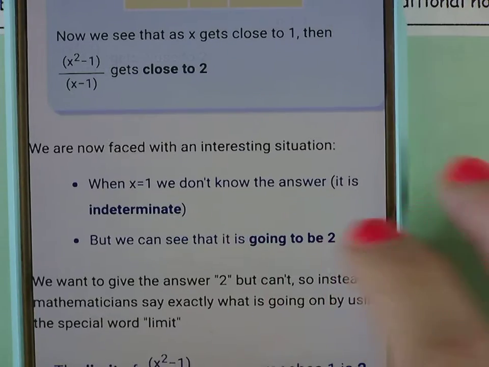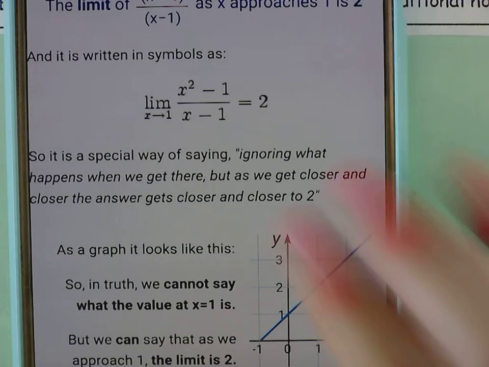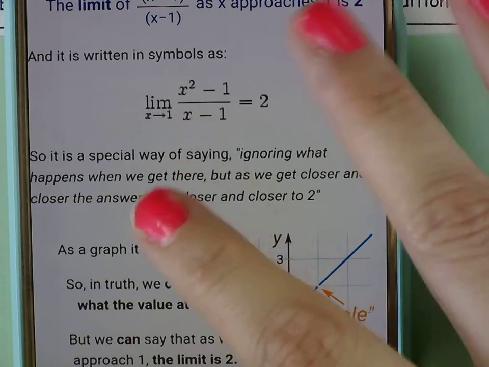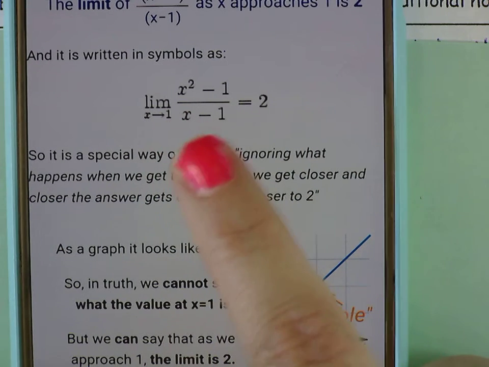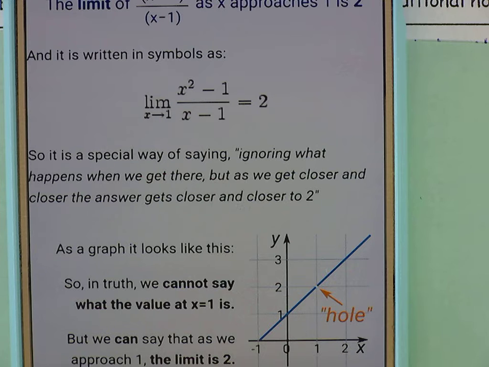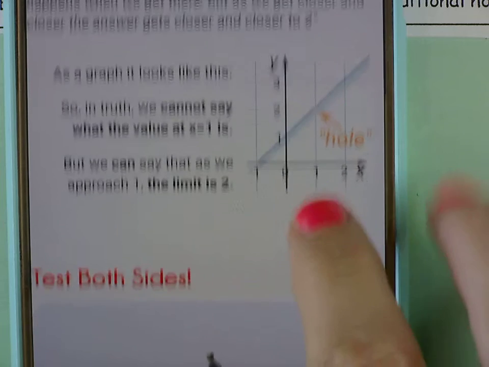And then we also have to see what happens when we approach it from the other side, which we're going to do in a minute. The way that you would write this in symbols is the limit as x goes to 1 of your function, and that would be equal to 2. So it's like we're saying, let's ignore what happens when we get there because that's indeterminate, but let's see what happens when we get closer and closer to 2.